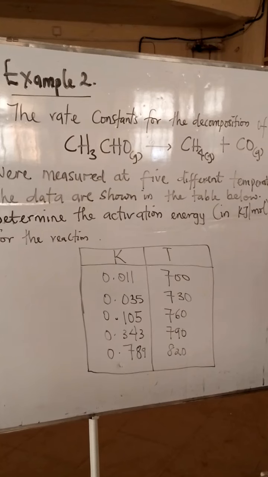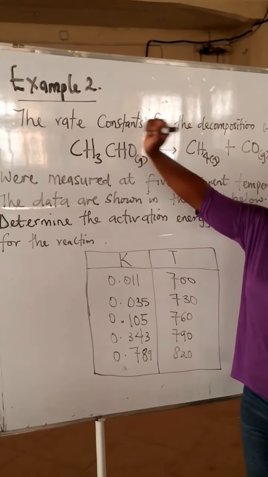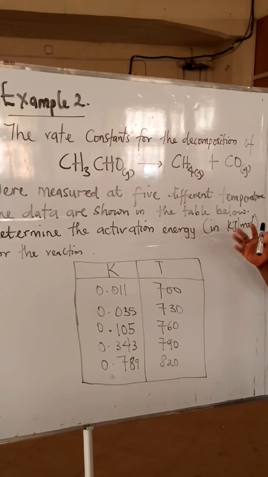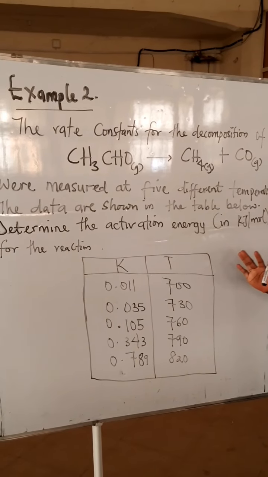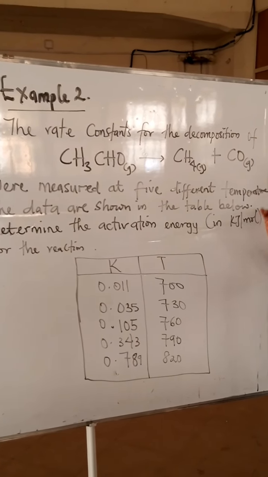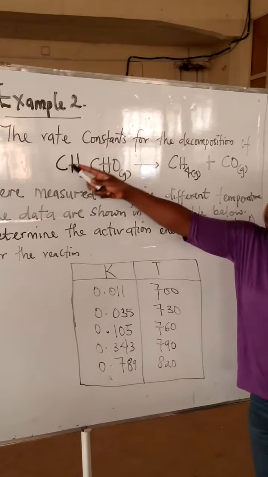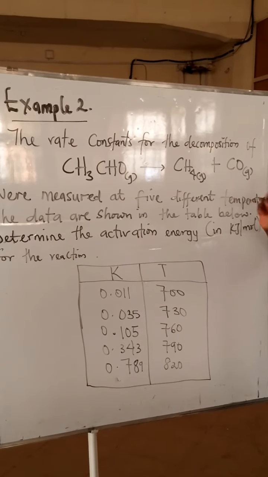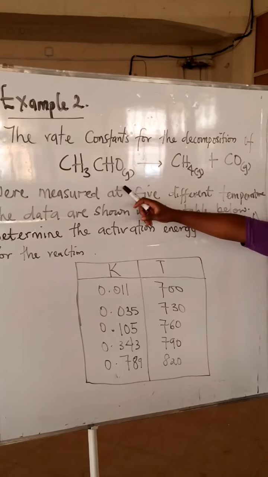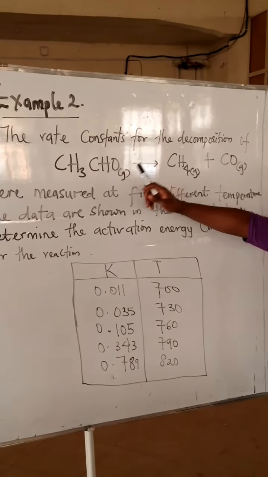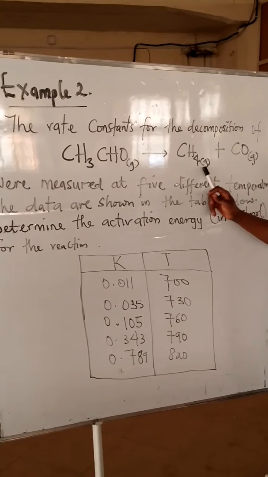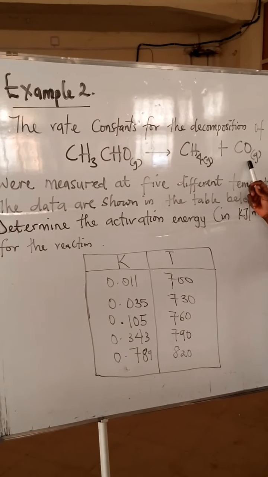Okay, we are going to do example 2. This example 2 is to show the graph of the Arrhenius equation. The question is, calculate the rate constant for the decomposition reaction of acetaldehyde. When acetaldehyde decomposes, it gives methane gas and carbon monoxide.